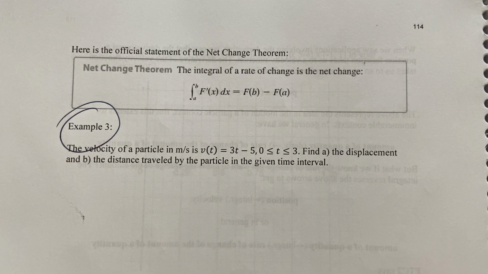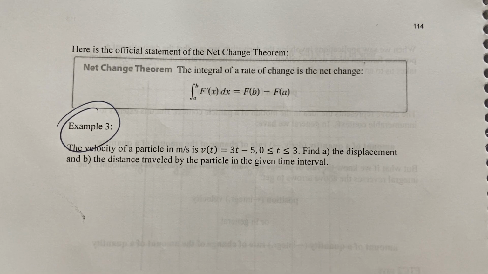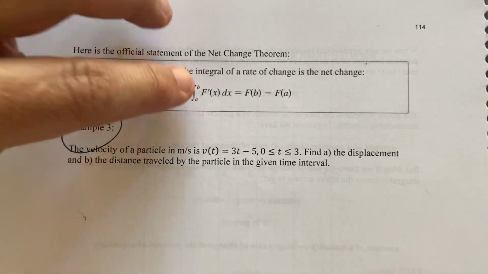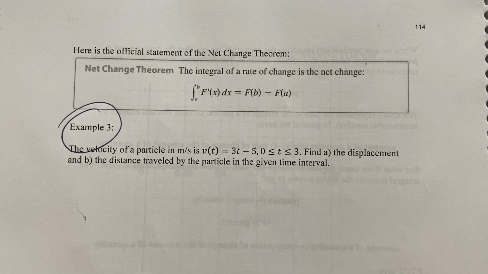For instance, imagine you're traveling, driving up to LA, and you want to know how far you went. If you have your rate of change function, what this is saying is you just need to integrate over that rate of change function, and what you arrive at is your distance.